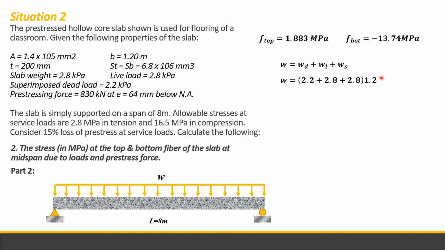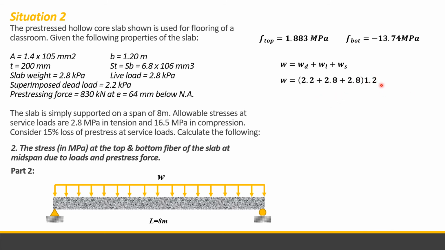Since kPa is Newton per mm squared, we multiply the kPa, which is Newton per meter squared, by 1.2 meter so that our unit becomes kilonewton per meter.